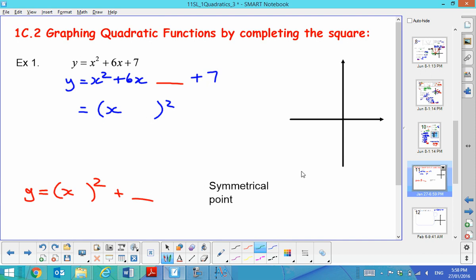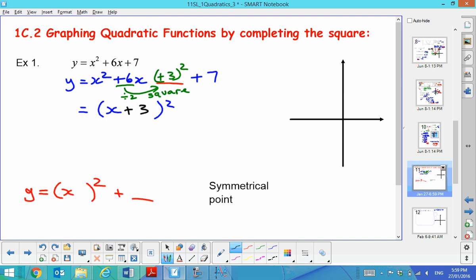So if you look at your 6, you're going, what I need to do is divide it by 2 and then square it. So half of plus 6 is plus 3. Then I want to do plus 3 squared. And that will enable me to write down x plus 3 squared.